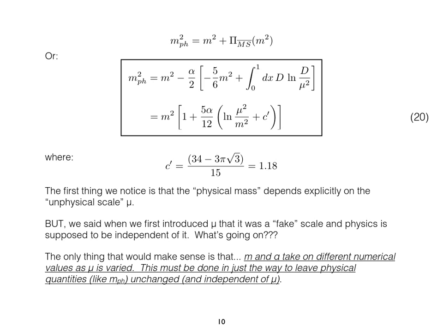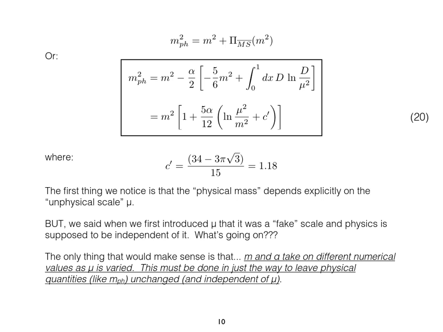So we've got a relationship between what we're calling the physical mass, what we would measure at the experiment, and the mass parameter in our theory. The first thing we see is that in MS bar, we've got explicit dependence on the mu scale.